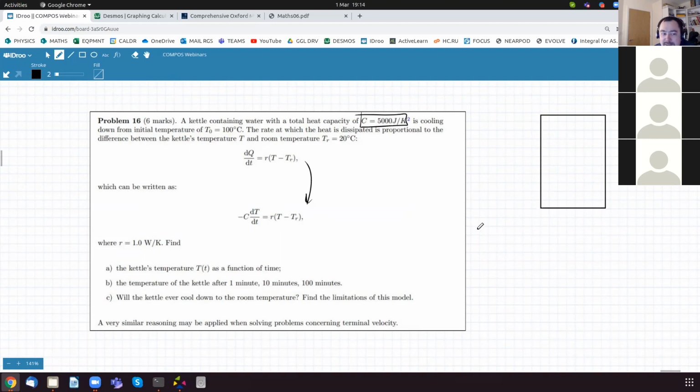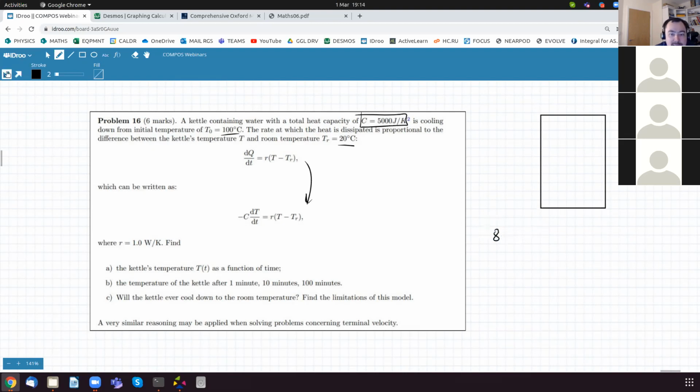It is by all means Newton's law of cooling. And so you have C equals 5,000 joules per Kelvin. That means to take the water from 100 to 20, you need 80, which is the difference in temperature.